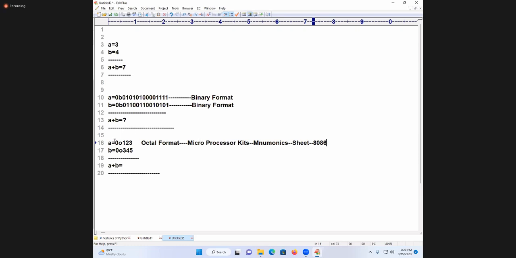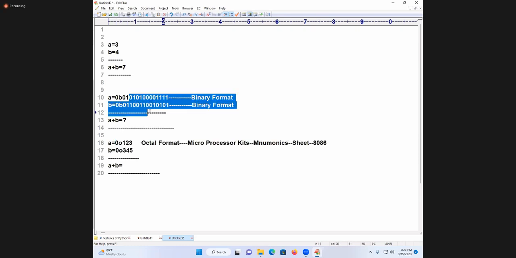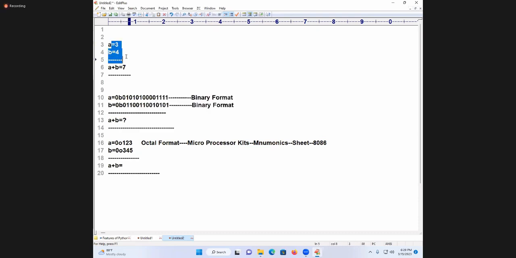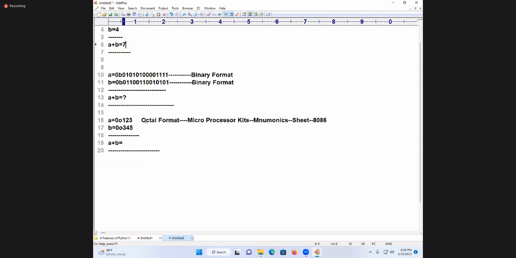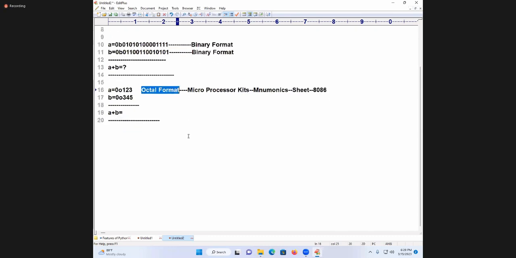Such octal notation is completely different from binary and completely different from 3-4. What is the 3-4 data number type? Decimal number system. And this is the octal number system.